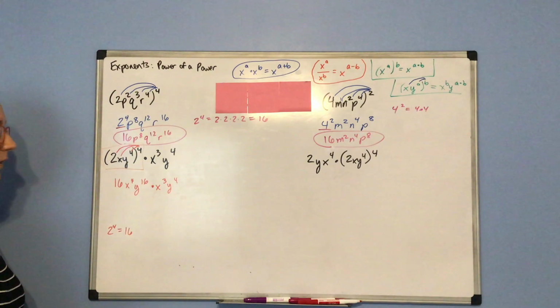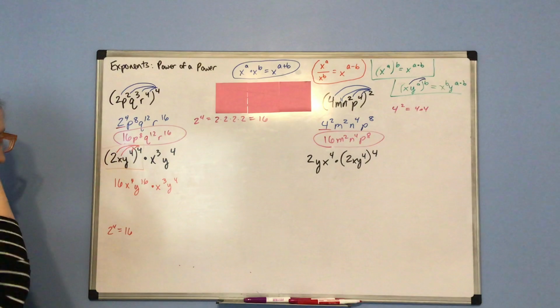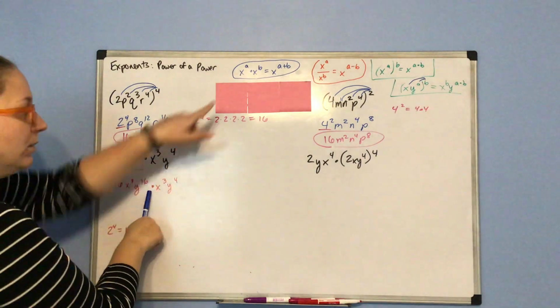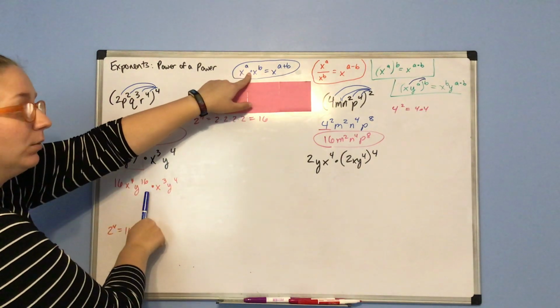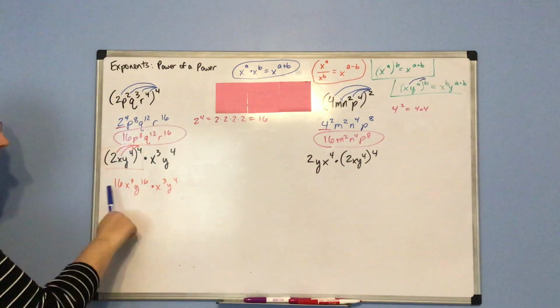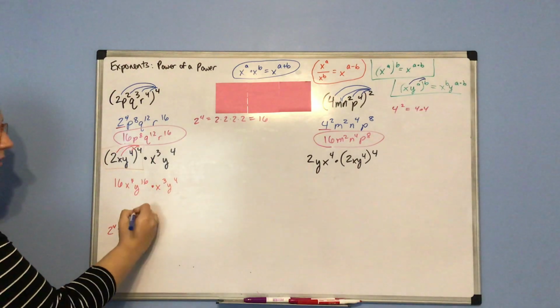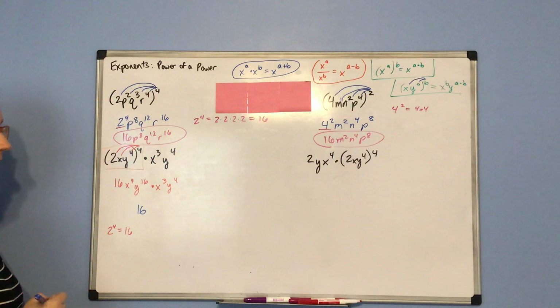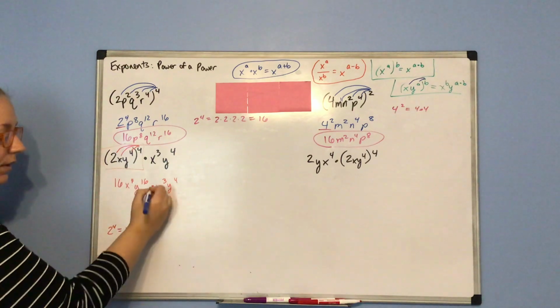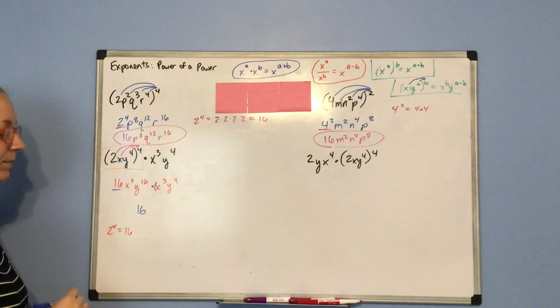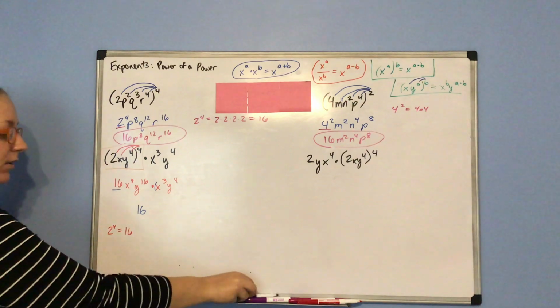So to finish this off, I need to think about what rule I need to use next. I see multiplication. Multiplication means I'm using product rule. I'm going to add my exponents. 16 is the only coefficient in the whole thing, so 16 will stay our final answer coefficient. You could also think 16 times 1 is 16. And now from here I'm using my product rule.